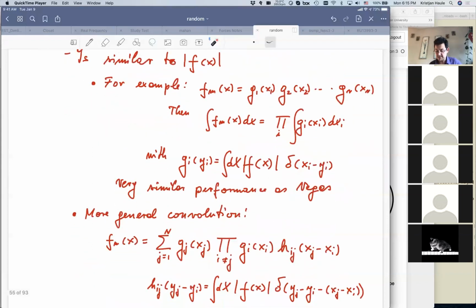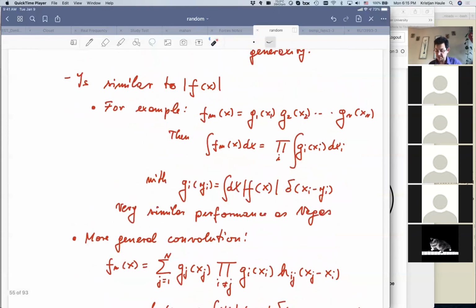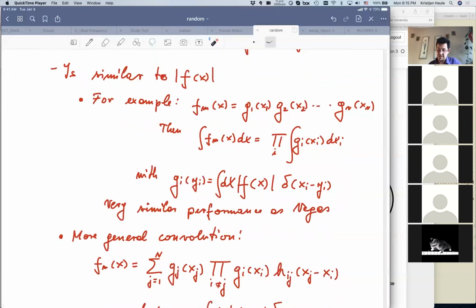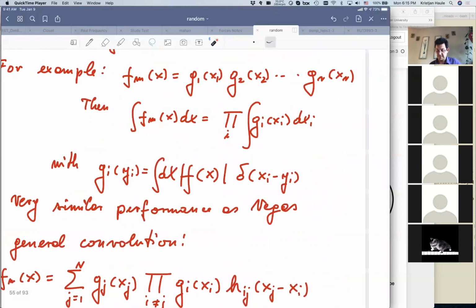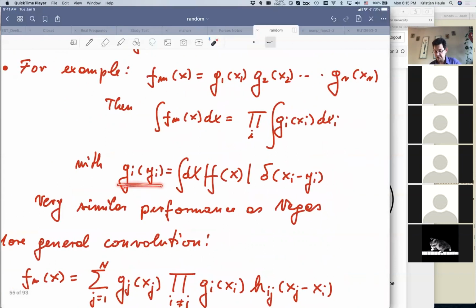Now the question is what these g1, g2, gn are. In this case, we use basically the same thing as in the Vegas algorithm, or almost the same. These one-dimensional projections are really just straightforward projections of the absolute value of f of x. So we sample the absolute value of f of x.